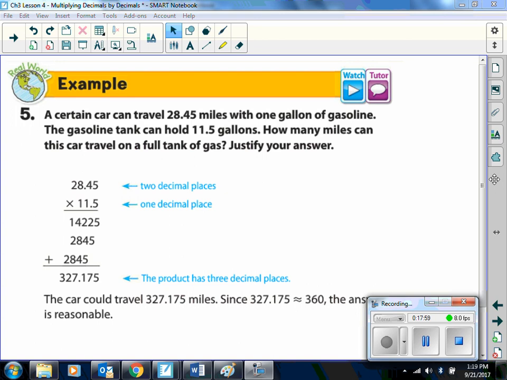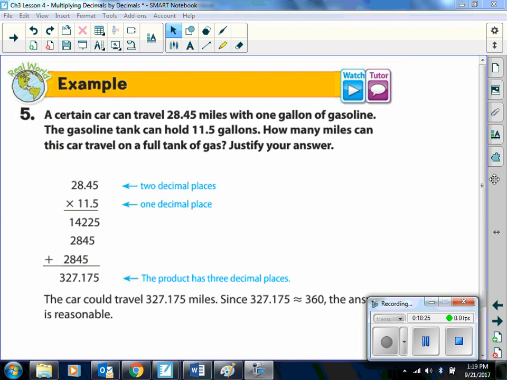So here, when we're looking at this, we know that the car can go 28.45 miles in 1 gallon, right? But how many gallons do we have? We have 11.5. So that means we have to multiply that 28.45, which represents 1 gallon, times the 11.5 gallons.